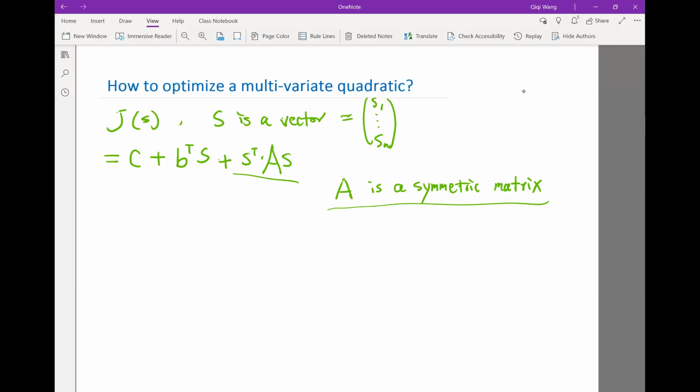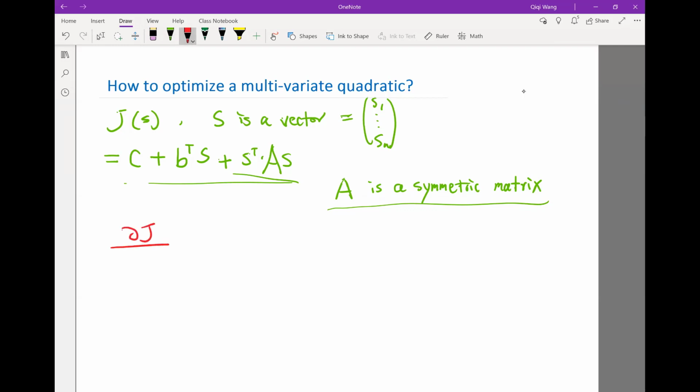Okay, and so if you look at this matrix form and wonder what vector parameter s is going to maximize or minimize the quadratic, we can use the same formula, right? We can use the same formula by now taking the partial derivative of J with respect to s equal to 0.